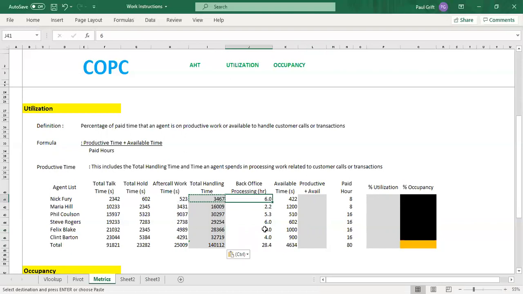Now we also have a given back office processing time, shown here in hours. We also have the avail time. The formula's numerator is productive plus avail time, so let's combine these two.